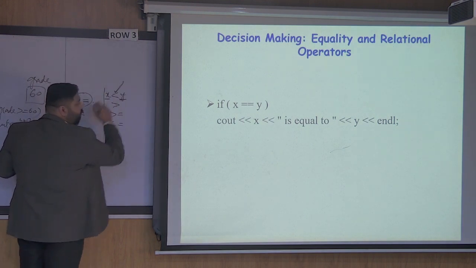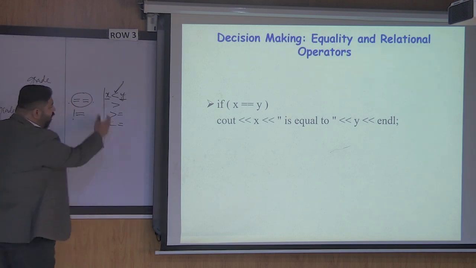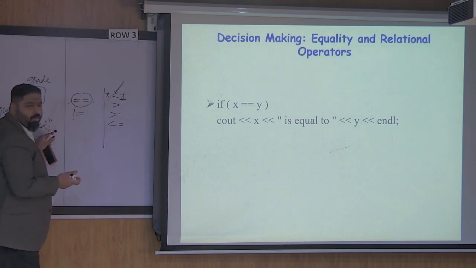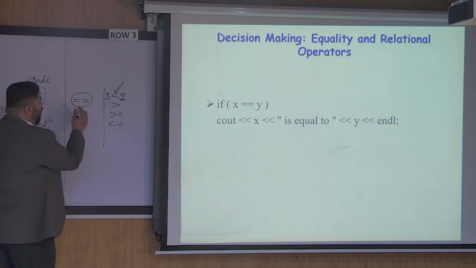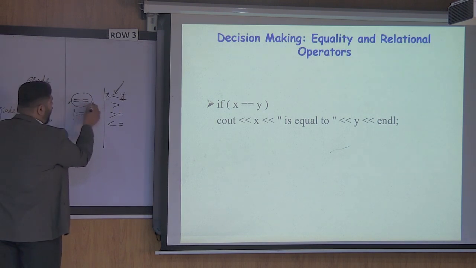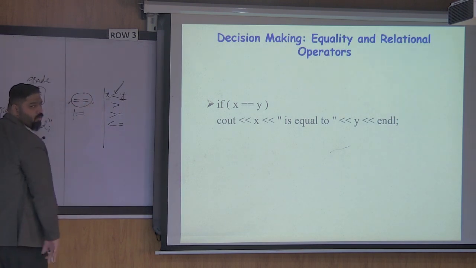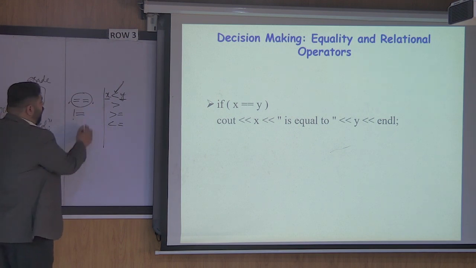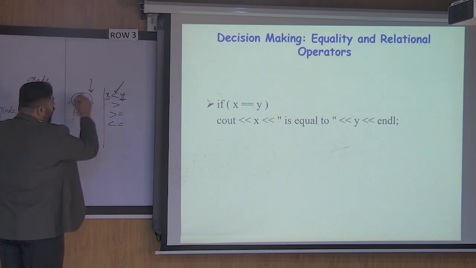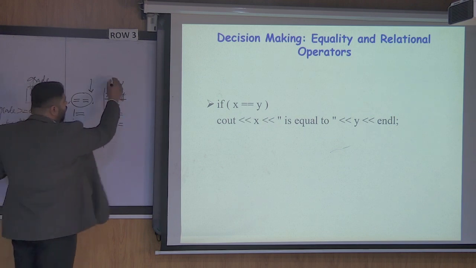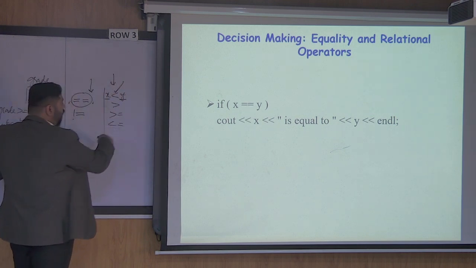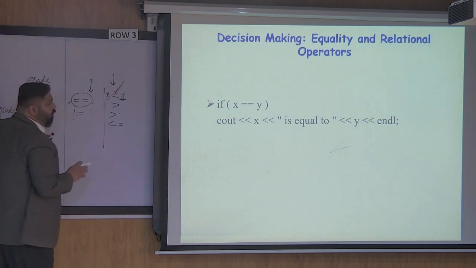This is the operator, and the things we compare are called operands. All of them are binary operators. Why binary? Because we get our results for two operands. Here we have equality operators, and in this column we have relational operators. These check whether the values are equivalent or not.